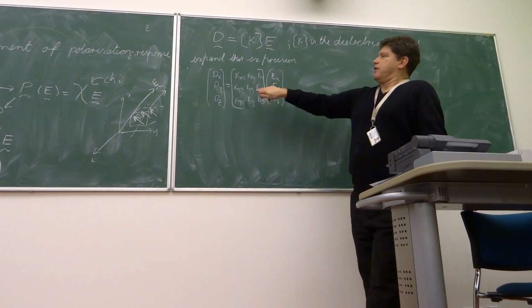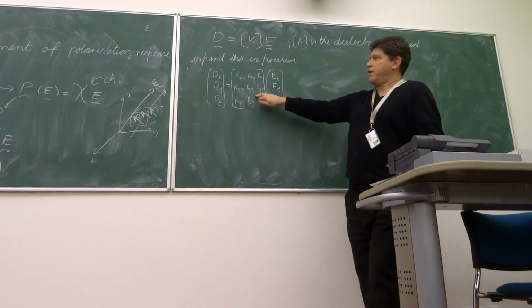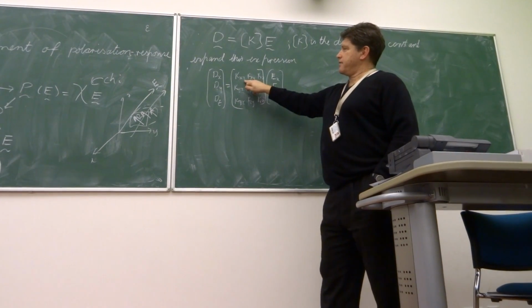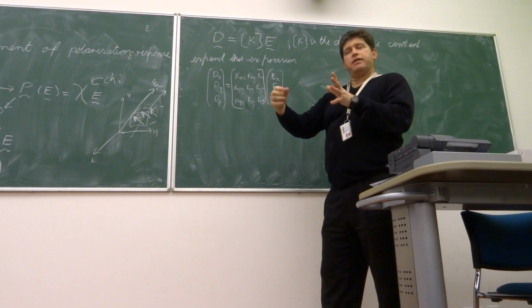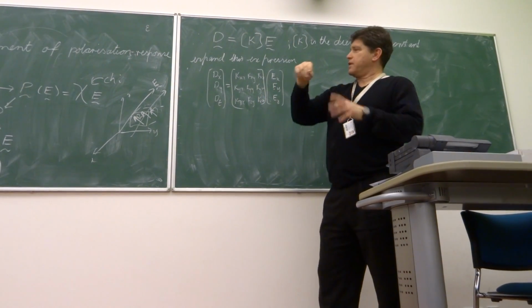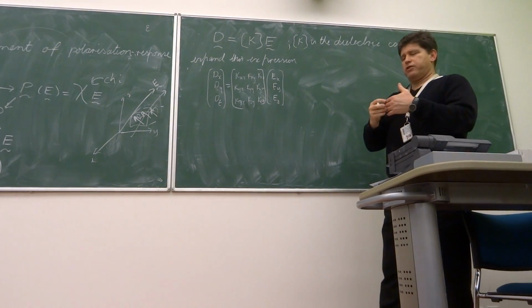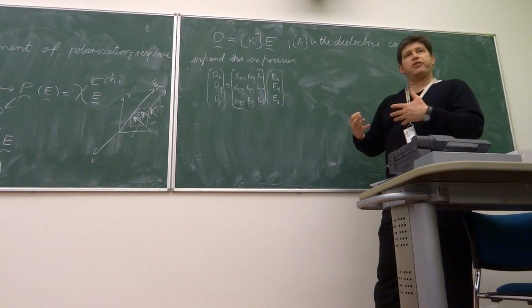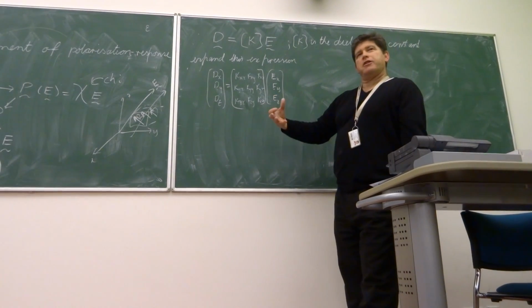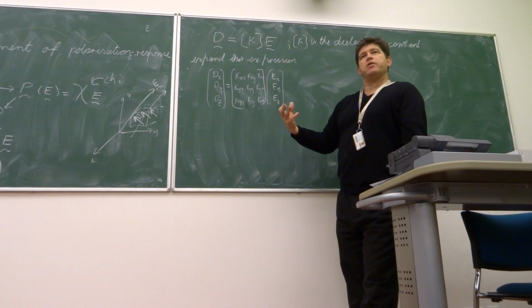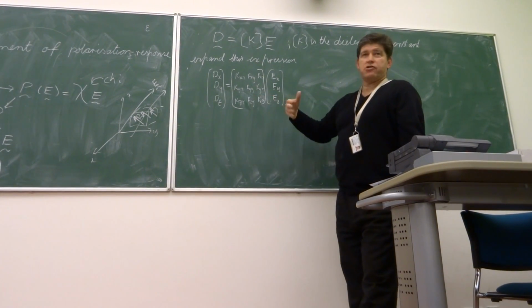If you extend this matrix into 3 dimensions, you can imagine you have KXX, so you've got 3 x's, then an XXY, etc. So you've got a cube, and here you've got 9 addresses, but if you've got a cube, 3 by 3 by 3, you can imagine now that you've got a 3-dimensional response of the material to the electric field in the most general case.